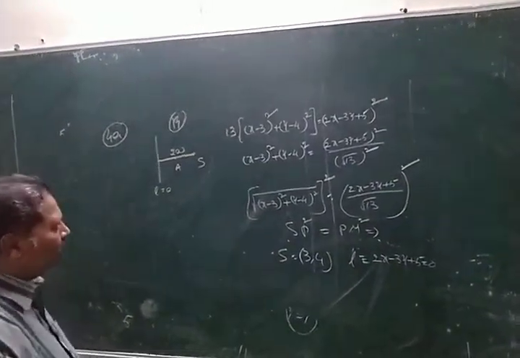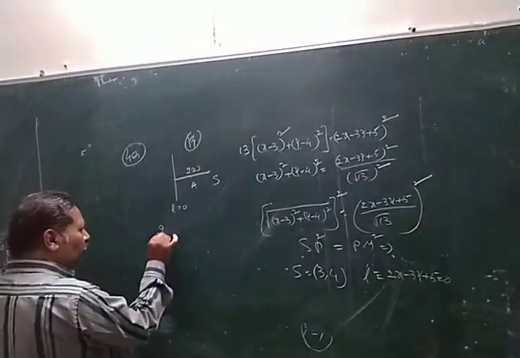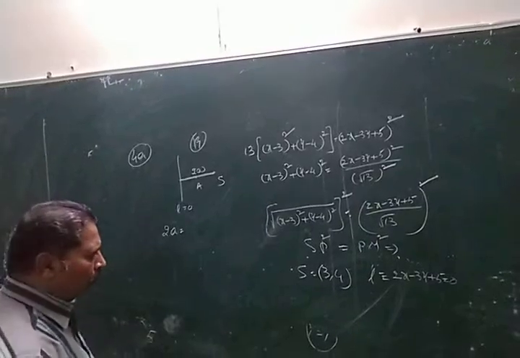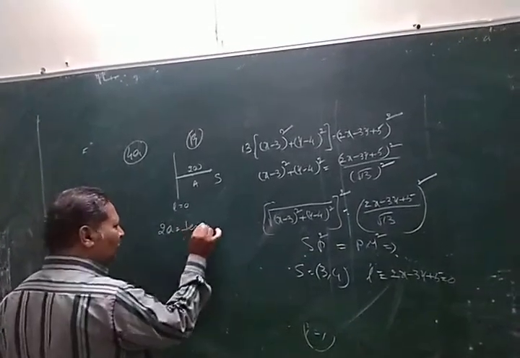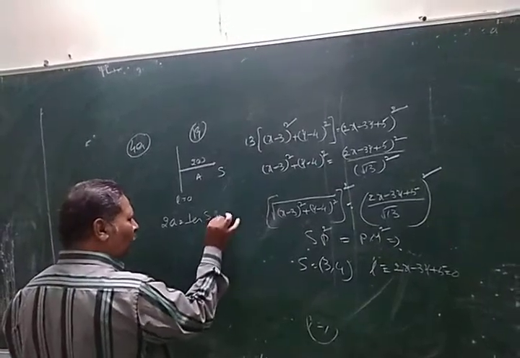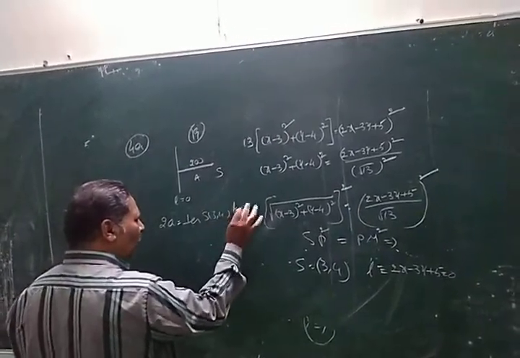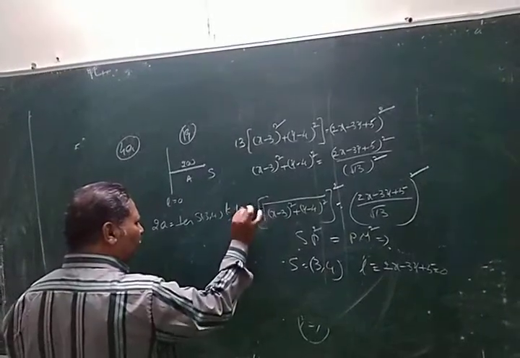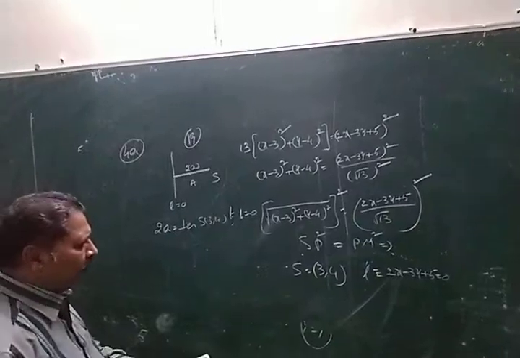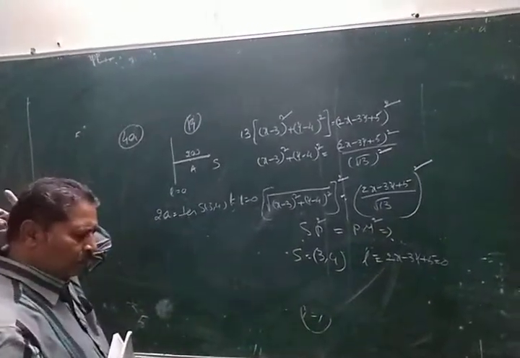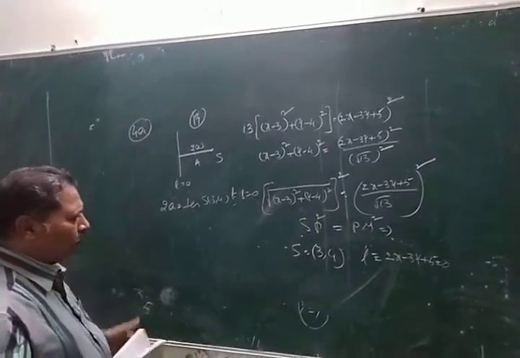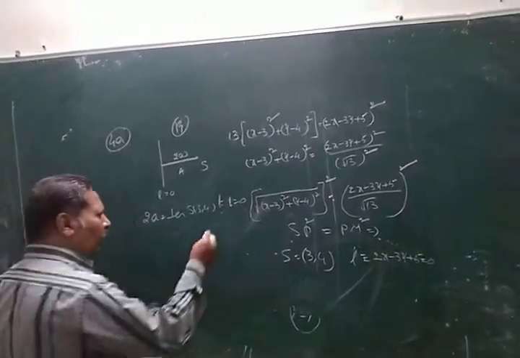Write down. 2a equal to perpendicular distance from S (3, 4) to L equal to 0.